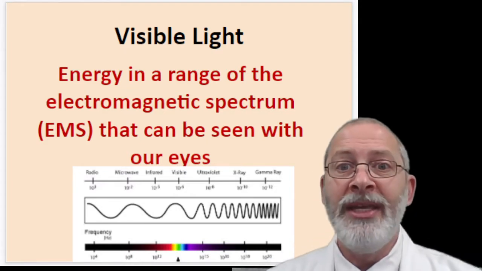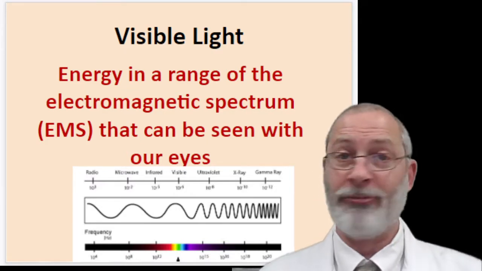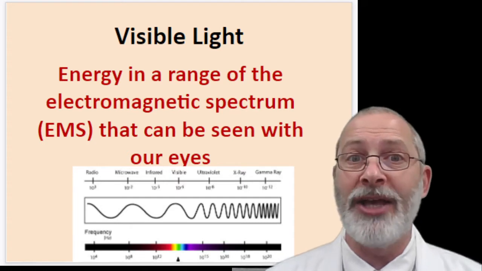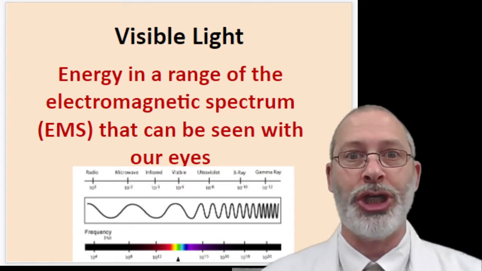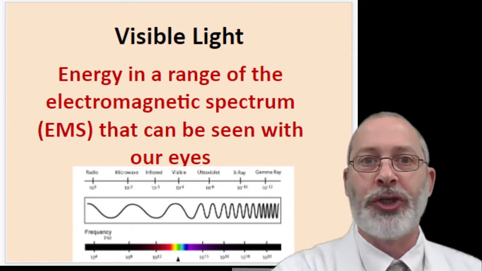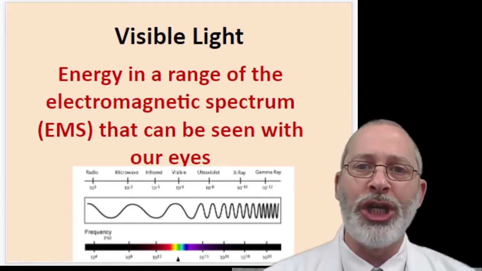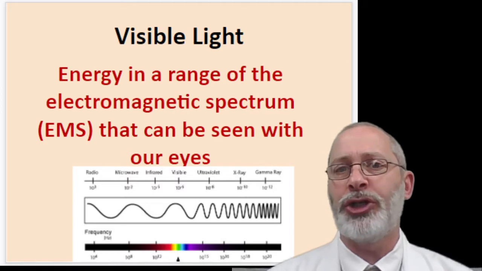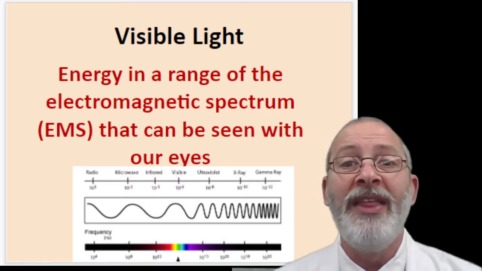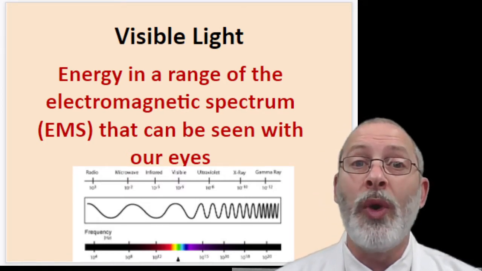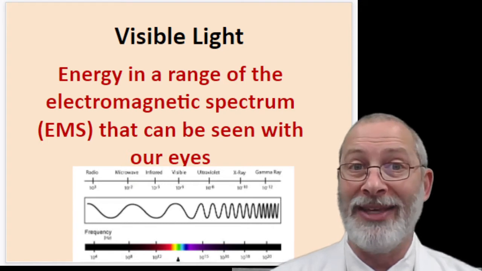Visible light is energy, and remember we talked about that yesterday as far as energy being the source of a disturbance traveling from one place to another. The energy in a range of the electromagnetic spectrum that can be seen with our eyes.